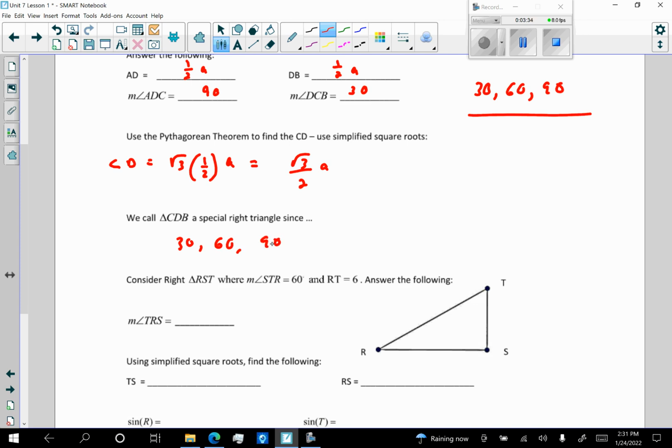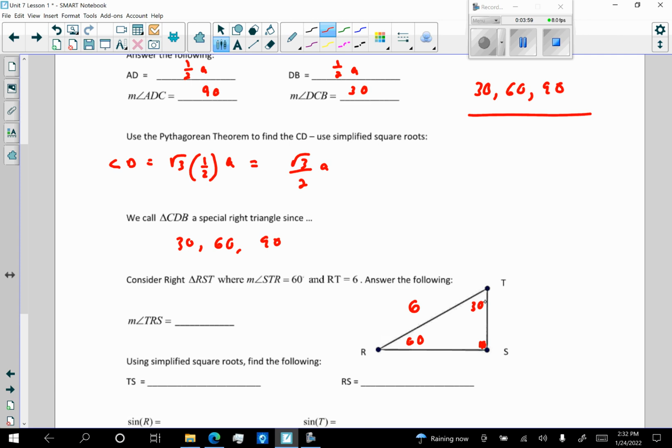All righty. Let's see here. We're going to consider this right triangle RST, where the measure of STR is 60, and RT is going to be 6. It is a right triangle RST, so this is going to be our 90 degree angle.